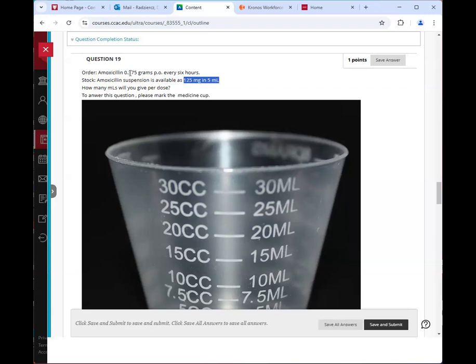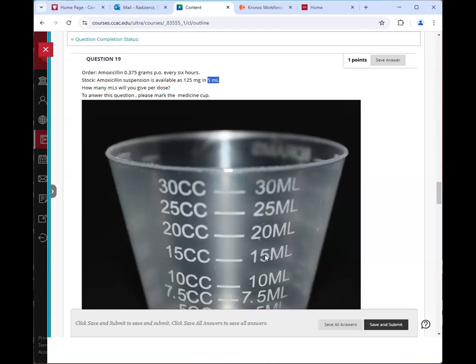So all I'm going to do is move my decimal 1, 2, 3 to the right. So instead of 0.375 grams, the number I'm going to use is 375 milligrams. Then 375 over 125 is 3, and then multiply that by the quantity, which is 5 ml. The milligrams cancel out. So 5 times 3 is 15.